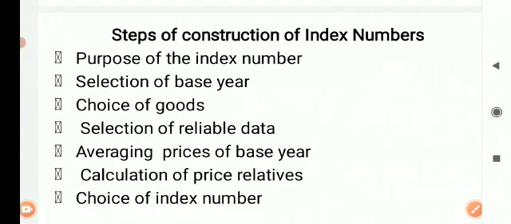Based on that, with the help of weights and the price relatives, we have to find out the current year price index. Before going to construct the index numbers, we have to understand what is the purpose.